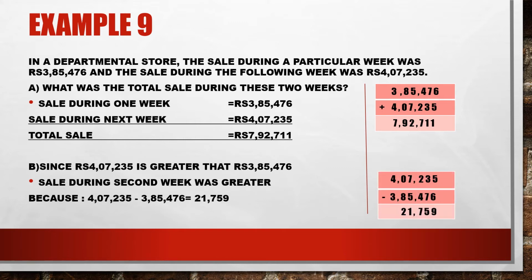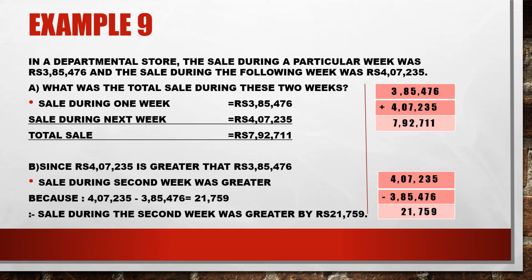Yes, we get the difference, that is 21,759. So you can say clearly that the sale during the second week was greater and the sale during the first week was, yes, it was smaller. So here we can say the sale during second week was greater by 21,759.